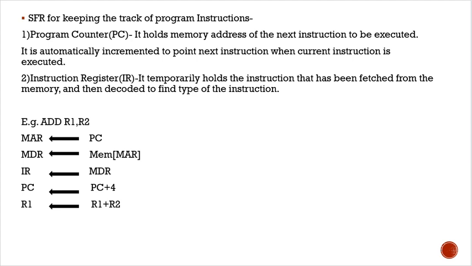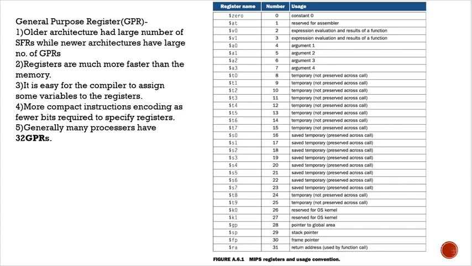Then the content of MDR is transferred to IR, where the instruction is temporarily stored and it is decoded into its type. After the instruction decode, PC will increment by PC plus 4, and this new PC value will be stored into PC, that is program counter. After decode, we perform the actual instruction, that is R1 plus R2, and the result will be stored into R1. So this was about SFRs present in the MIPS 32 processor.